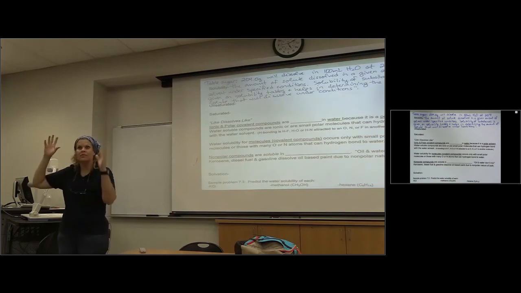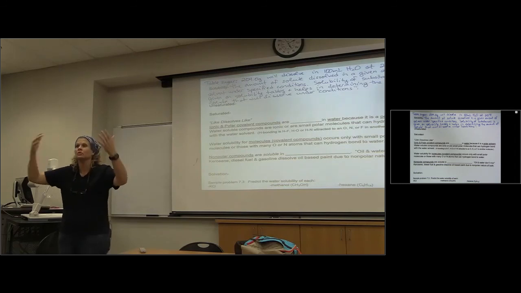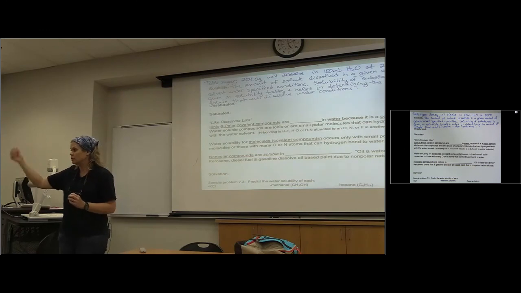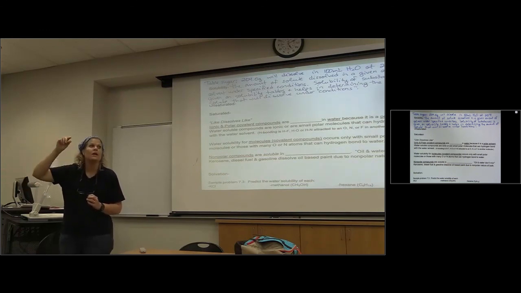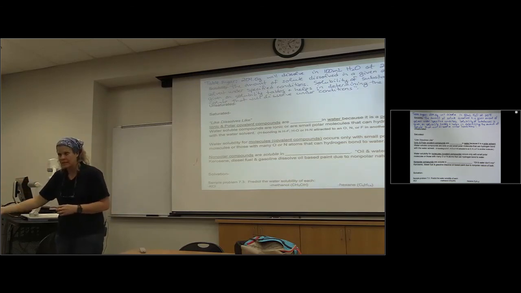All of these have special words that we call them: saturated, unsaturated, and supersaturated. The saturated solution is what the solubility tables are telling us. They're saying to make a saturated solution of sugar and water, 204 grams of sugar will dissolve in 100 milliliters of water at 20 degrees Celsius.